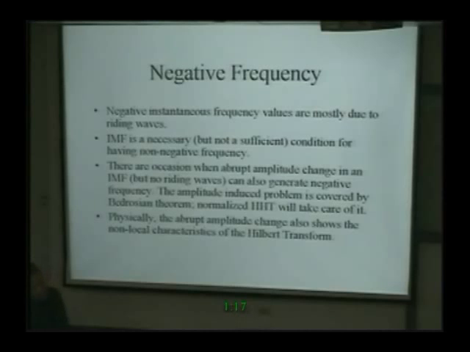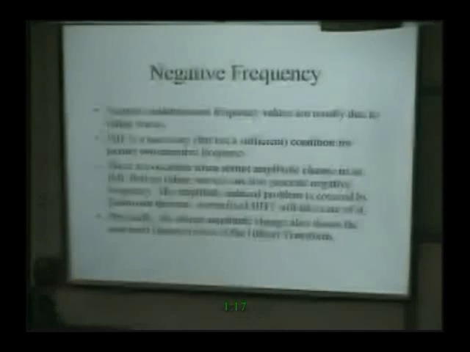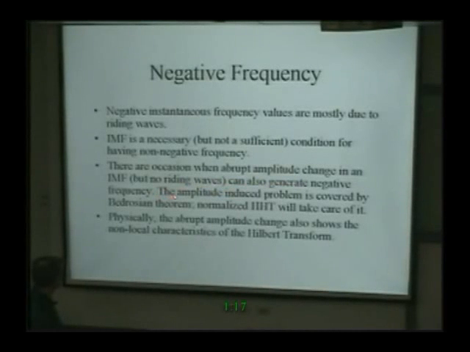When we do decomposition, then we find that we get IMF. IMF is single component. Presumably, we should not get negative frequency, but that's not sufficient because of the limitation of Bedrosian theory. So there are occasions when abrupt amplitude change in IMF, but no riding wave, can also generate negative frequency. This is the limitation of Bedrosian, and we have proposed normalization to take care of that.